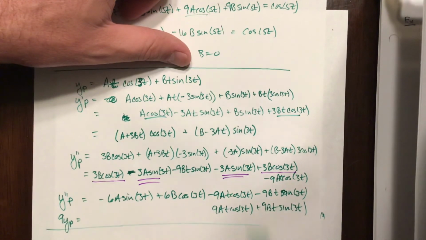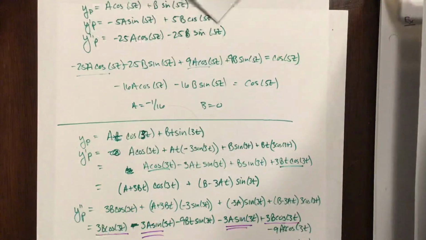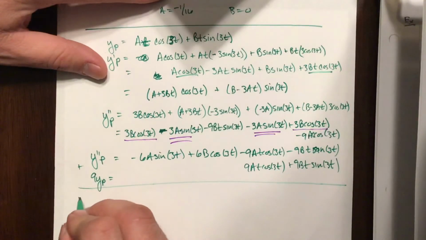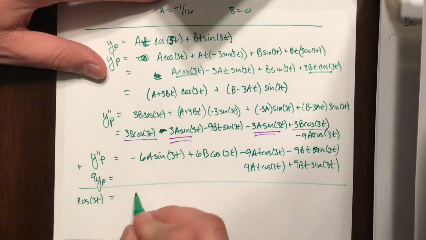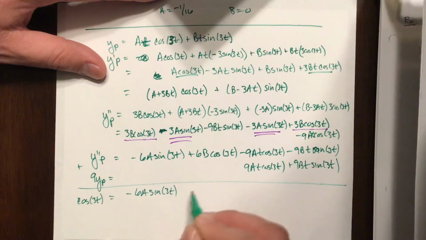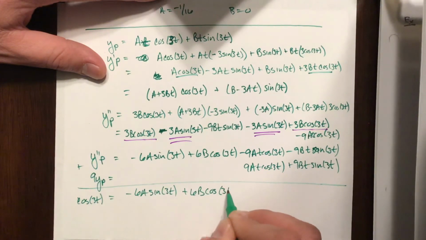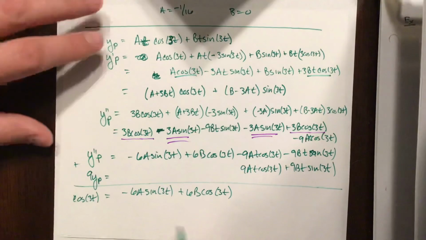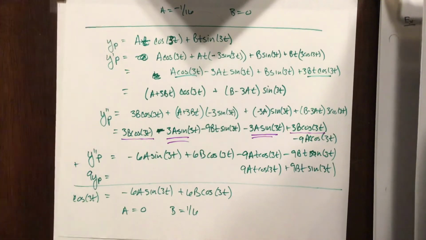So we're going to add those pieces together, and the cosine 3t on the right-hand side, I'm running out of paper, is going to be equal to minus 6a sine 3t plus 6b cosine 3t. So it looks like a is equal to 0 and b is going to be equal to 1/6.